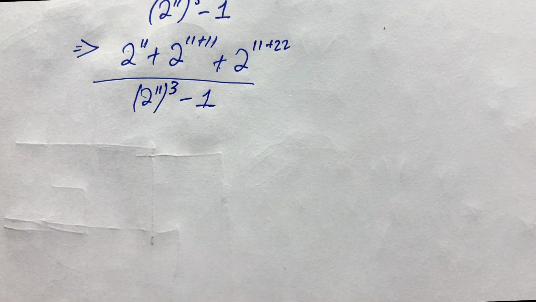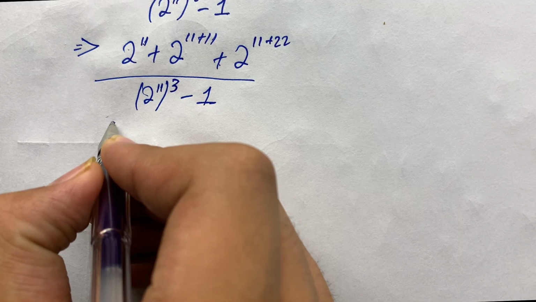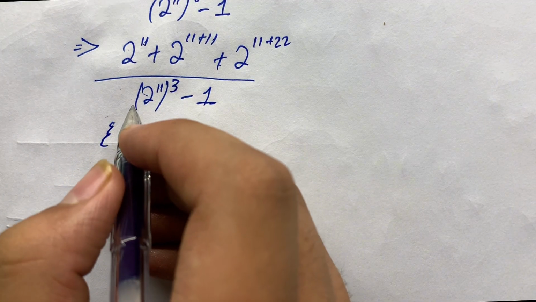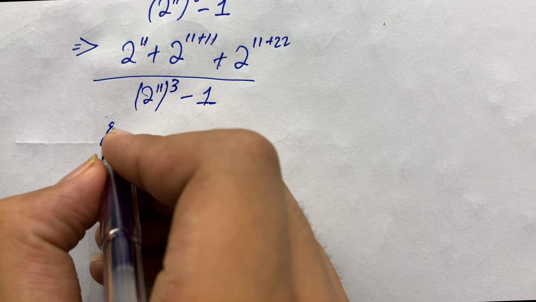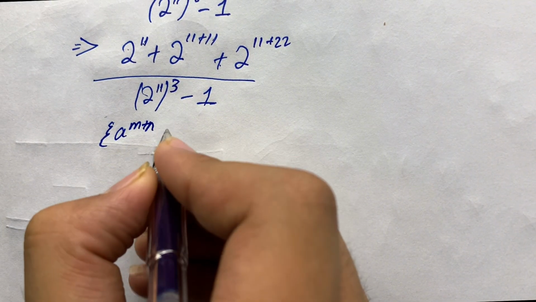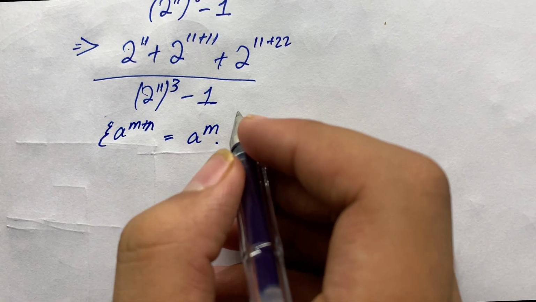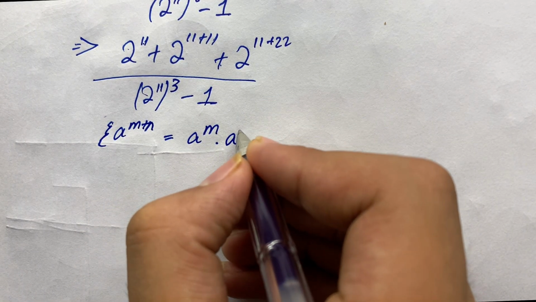Now first we use this formula: n to the power m plus n is equal to n to the power m into n to the power n.